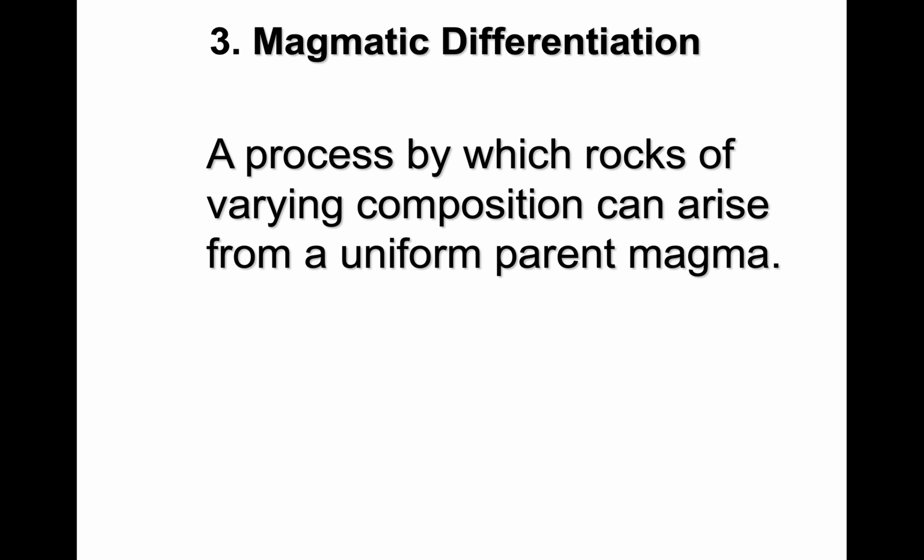Number 3, we will now talk a little bit about magmatic differentiation. Magmatic differentiation describes a process in which rocks of varying composition can arise from a uniform parent magma.